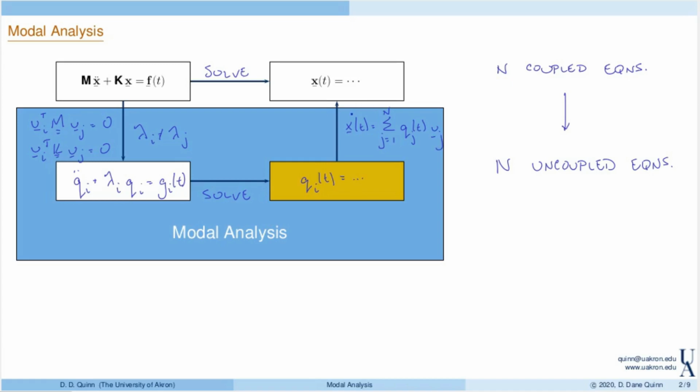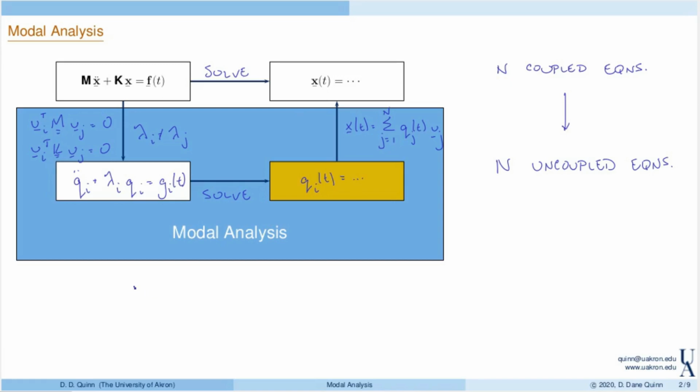And we've already seen this previously when we talked about properties of the eigenvectors, or u, the mode shapes. So this modal analysis procedure simplifies the solution of these general n degree of freedom systems. Basically, rather than taking this direct path, we decouple the equations, we solve those decoupled equations, and then we reconstruct the solution.